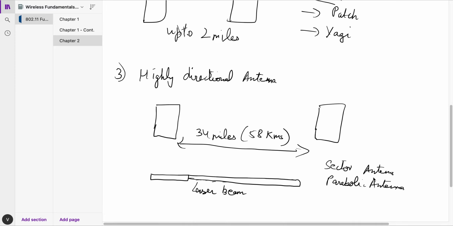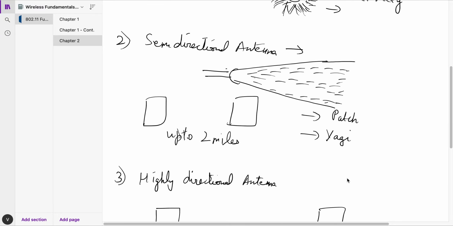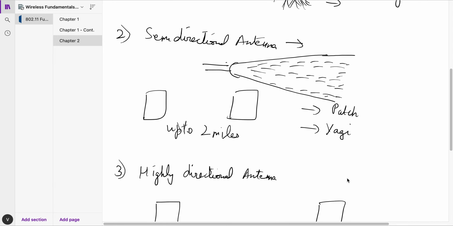So for cable TVs connecting to the satellites, they use parabolic antennas, which are highly directional antennas, right? Okay. So these three types of antennas are used widely in the Wi-Fi world, and they are put on the APs for different use cases.